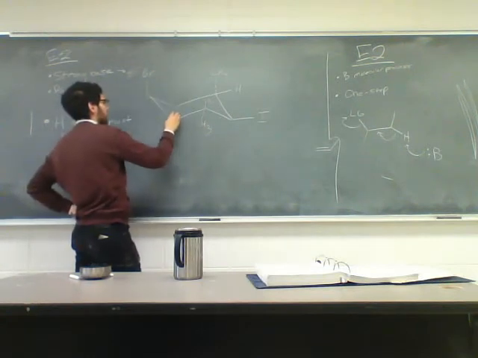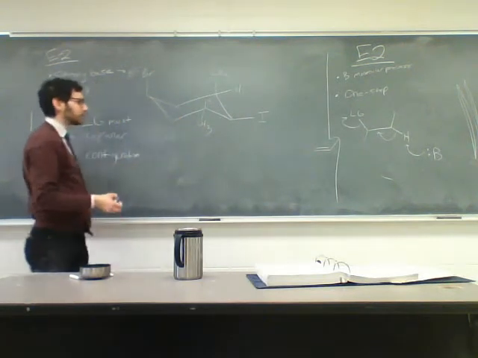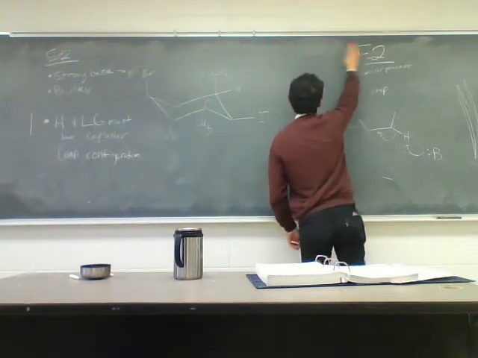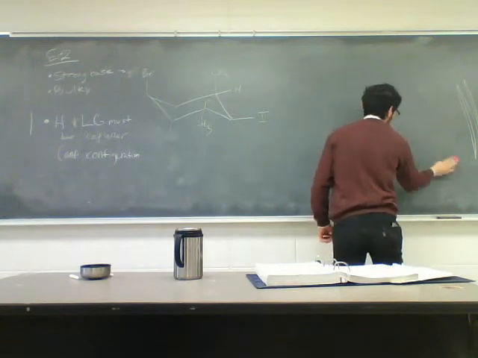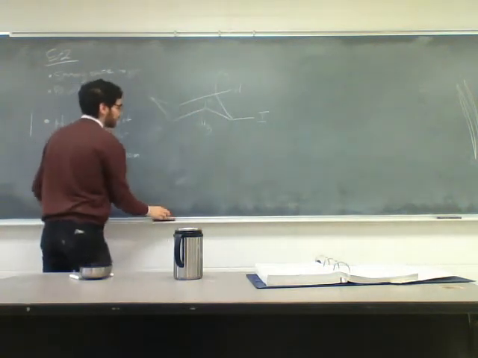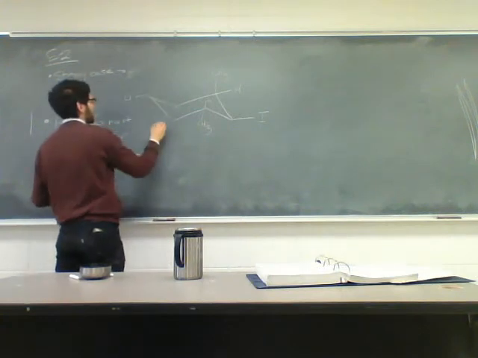Let's put some other substituents on here just for funsies. But this reaction is, at least as drawn, not ready to rock. And actually, let's put you guys in the equatorial positions, because that'll make it dramatic.